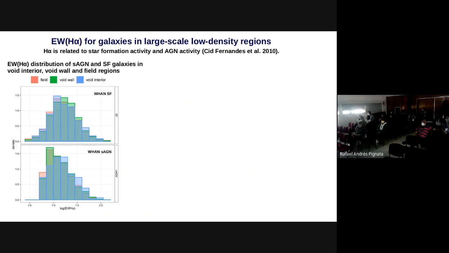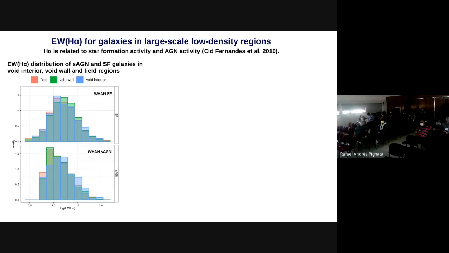For the WHAN galaxies, we analyzed the behavior of the equivalent width of H alpha. This line is related to star formation, but it also has information about the AGN phenomena in galaxies.